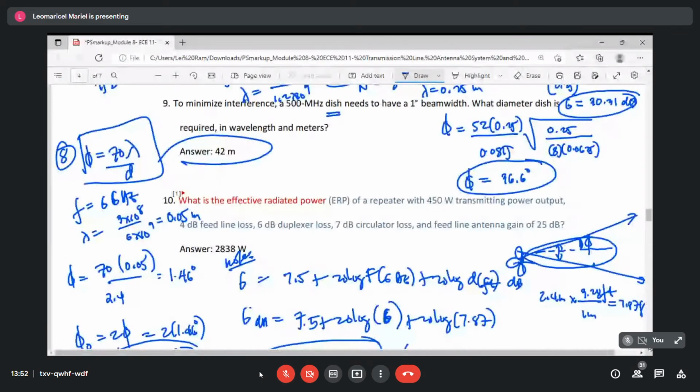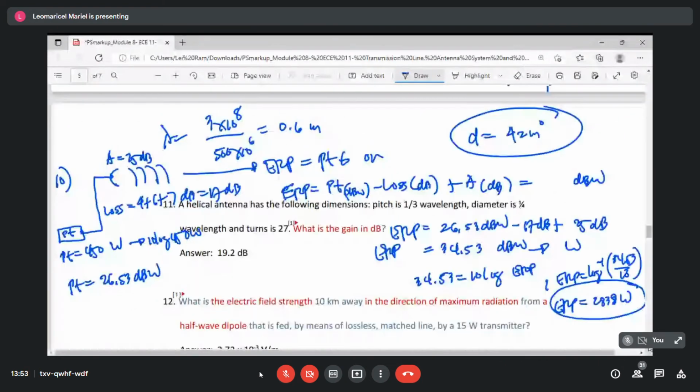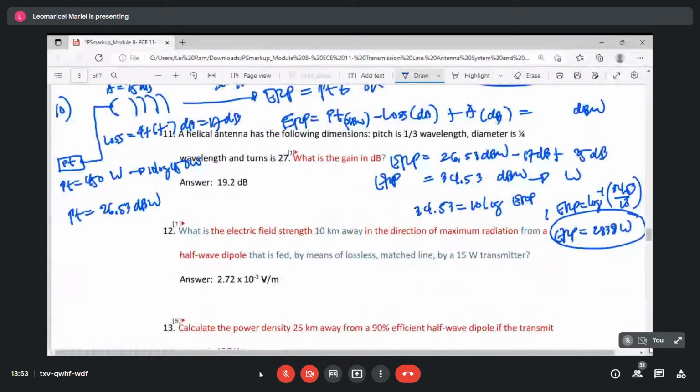Okay? Ayun. So, another solution dyan, ang gagawin nyo, convert mo, or kung gusto nyo, gamitin nyo yung PTG, but you need to convert the losses and the gain. So, ang total gain natin will be loss minus gain in dB.